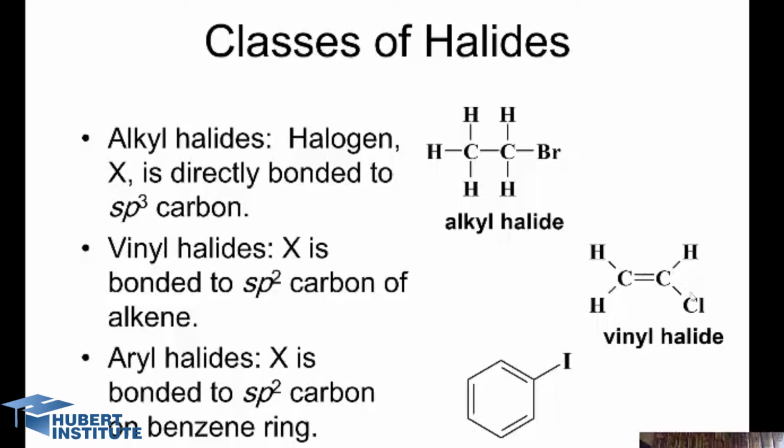But if the halogen is bonded to an sp2 carbon which belongs to an alkene, it's vinyl halides. And if the halogen is bonded to a carbon with sp2 hybridization on a benzene ring or an aromatic ring, that's aryl halides.